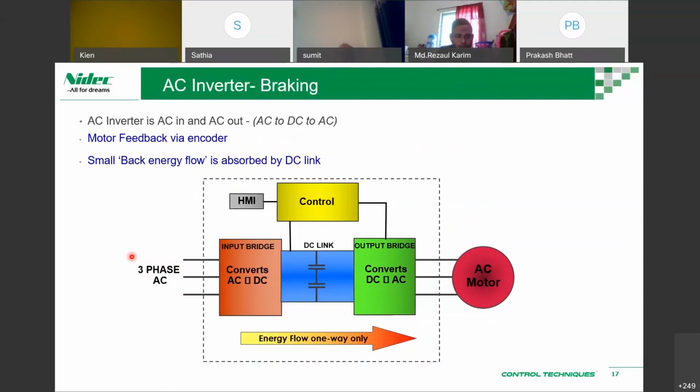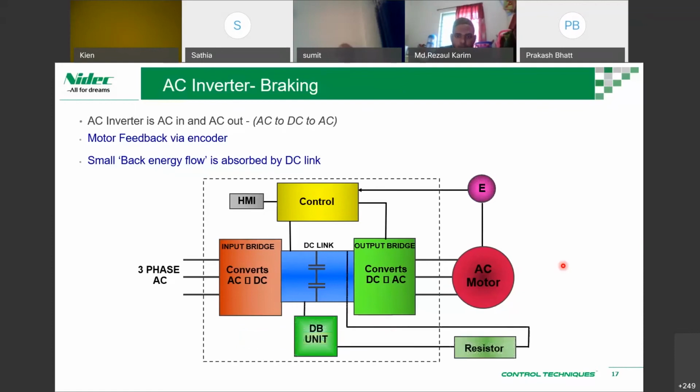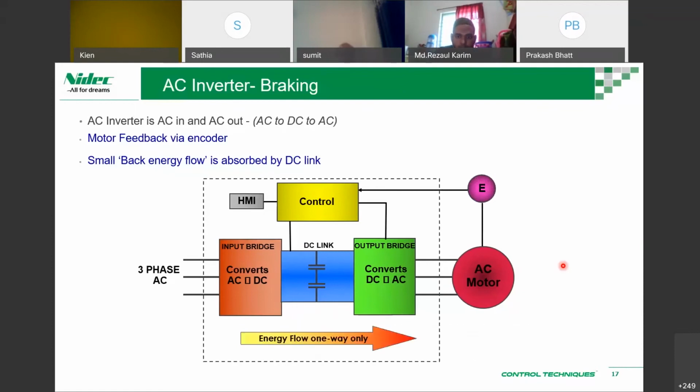We get this power, go through the VFD, get to the AC motor, then out. But when we stop, all of that energy cannot just disappear. That's the basic law of physics: you cannot create energy, and energy cannot just disappear. It has to go, or convert into something else.